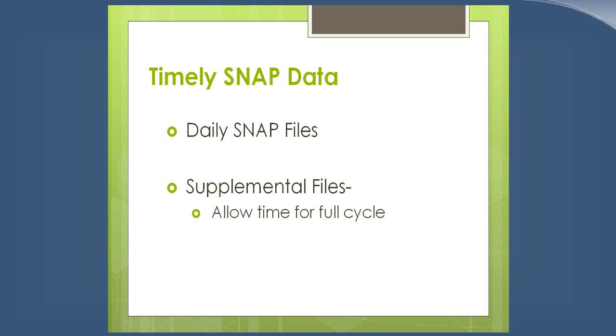If you are unable to get daily SNAP files, one of the things that we also talk about is supplemental files. So although you may be getting, say, files on a monthly basis, we know for the DC rate, which operates off the last operating day in October, we would request that the child nutrition side receives a SNAP file somewhere in the middle of the month of October, and for the CEP, you'd want to look for one that's towards the middle of March for your April counts.